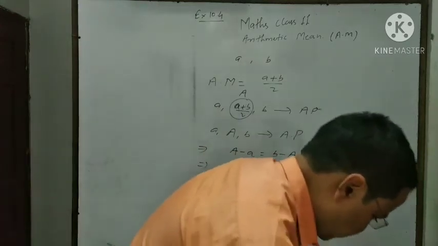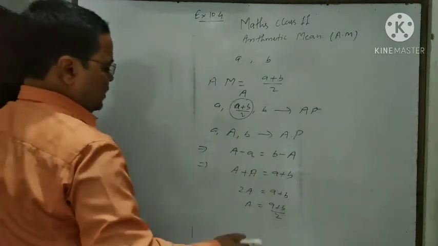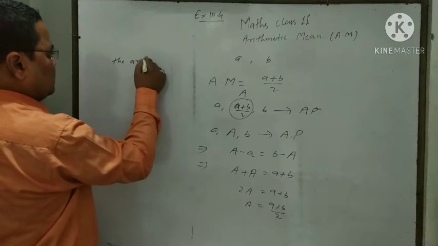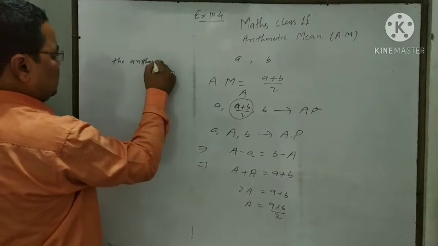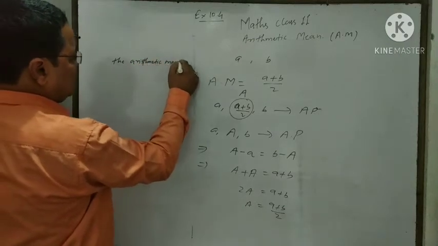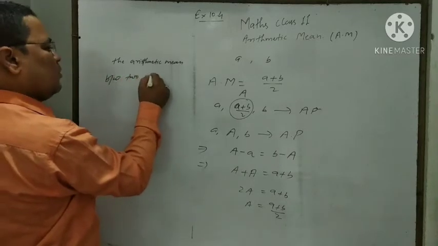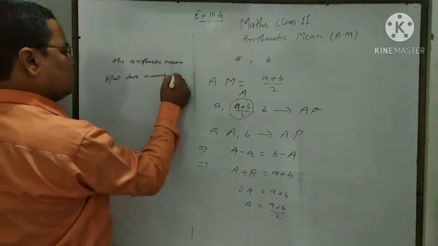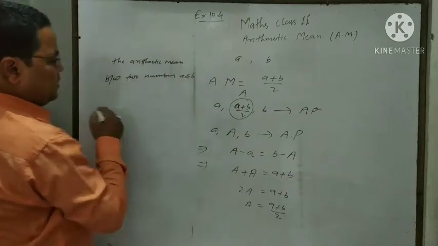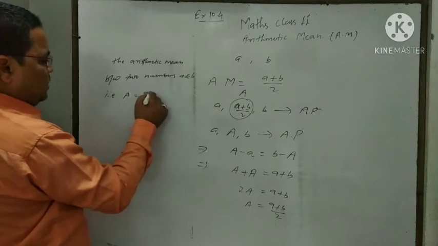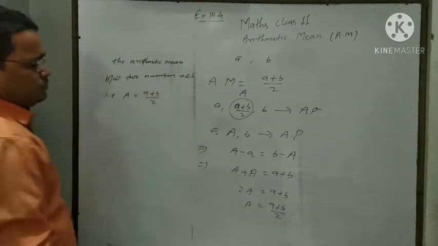Here it is proved that the value of A is equal to the average of the two numbers. So the arithmetic mean between the two numbers small a and small b is A equal to (a plus b) by 2.